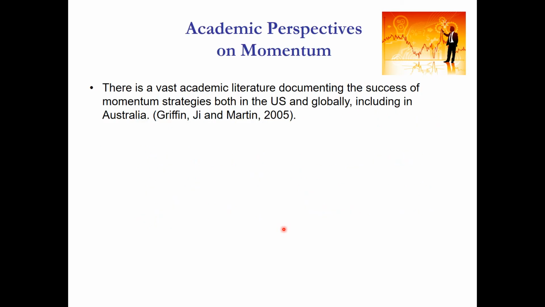Let's look at what the academic evidence shows us regarding the momentum investment strategy. There is actually a vast academic literature that documents the success of momentum strategies both in the US and globally, including Australia.